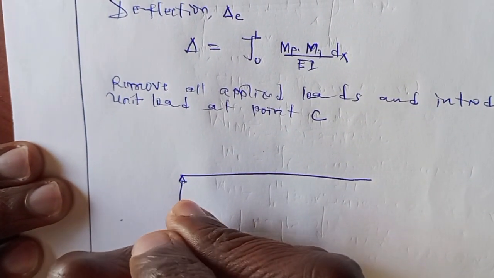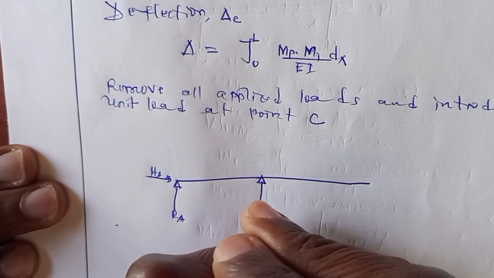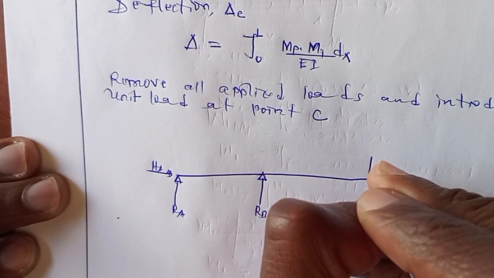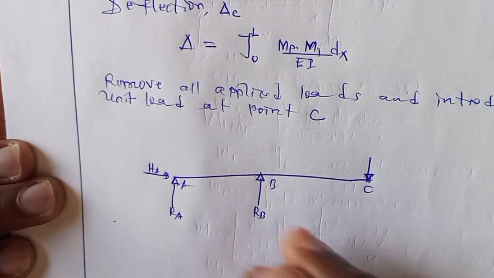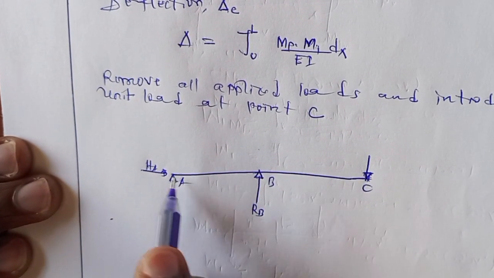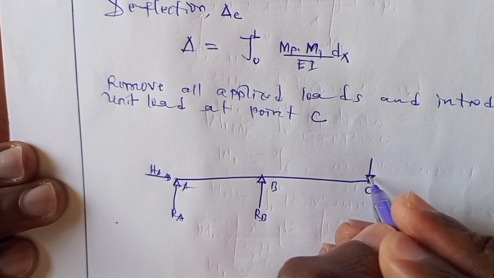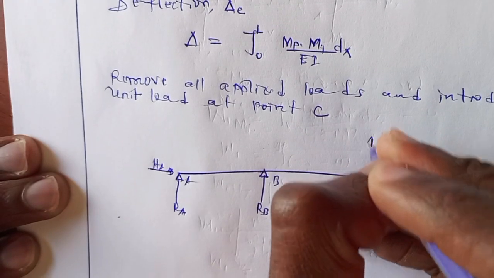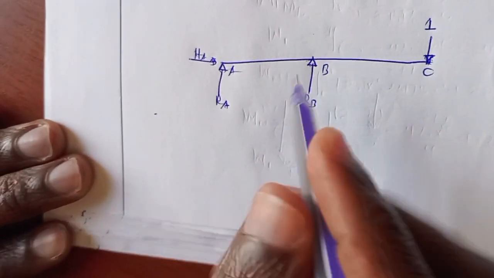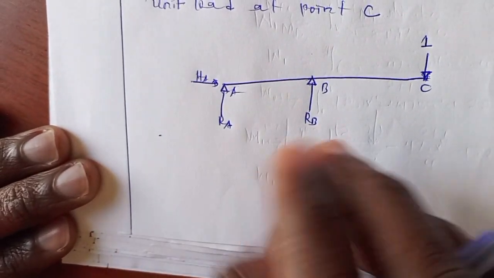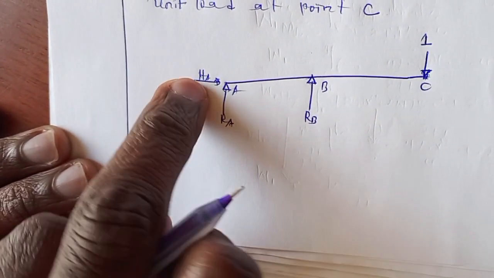It will have a horizontal reaction at A and a reaction at point B. This is point A, point B, point C. We have removed all applied loads, the uniform distributed load which was at this region and the point load at this region, and we have introduced a unit load at point C. Now, in order to obtain moment due to unit load, the first procedure is to calculate the vertical reactions RA, RB, and the horizontal reaction HA.